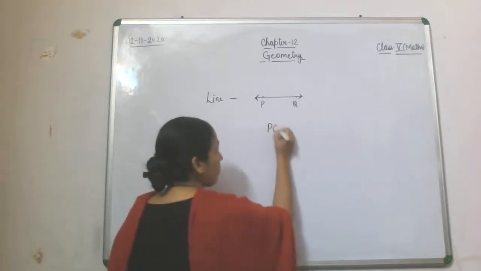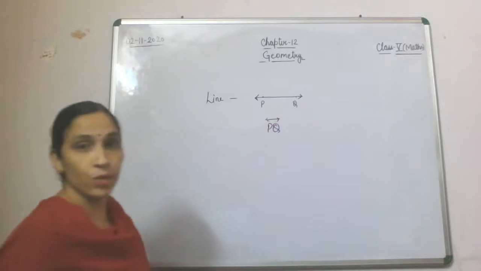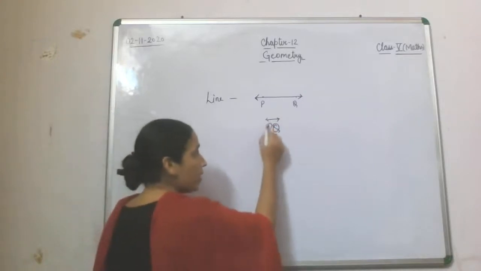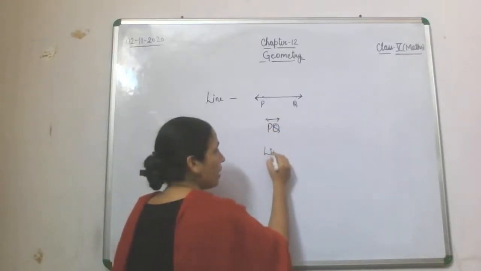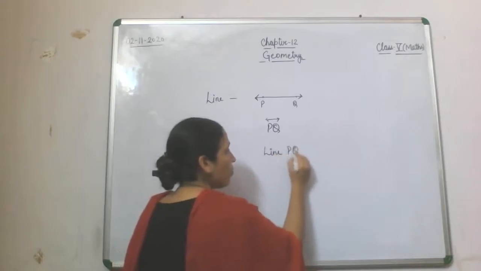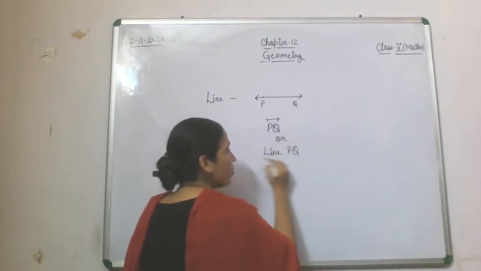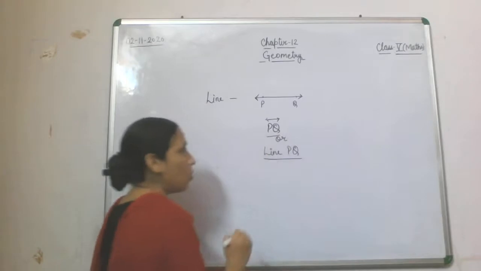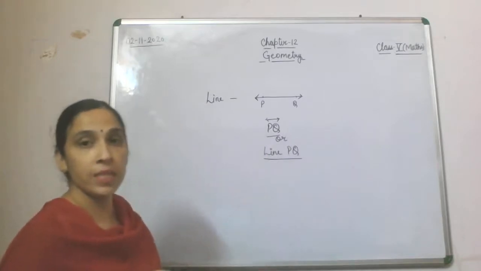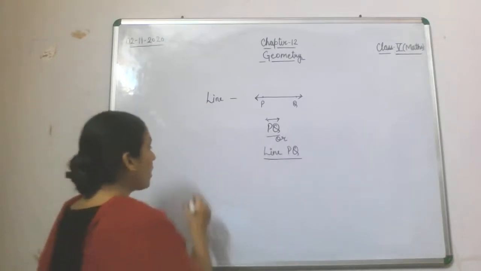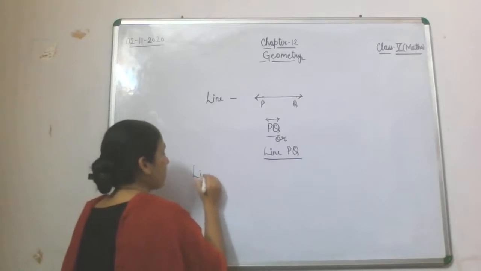We can write PQ and then this. Now this is called line PQ. If I write it down in words, line PQ, or in the symbol we will represent it like this.